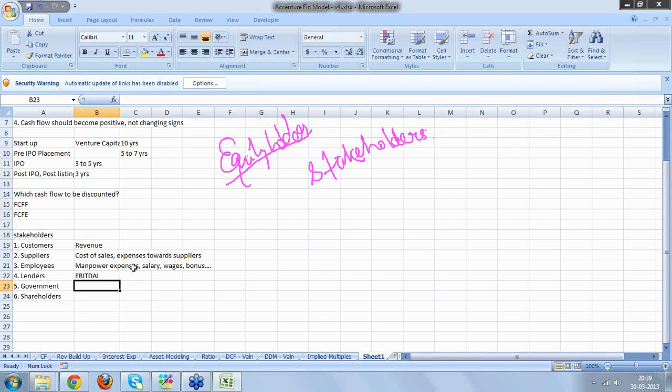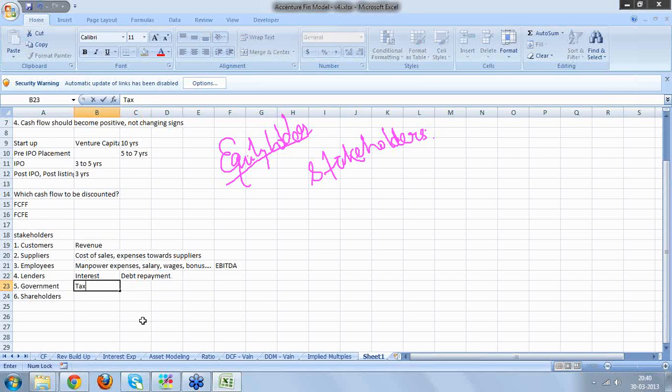From this, you are going to subtract interest so that your lenders are taken care of. So lenders will be taken care of if you pay them interest, and if you pay them the debt repayment portion.